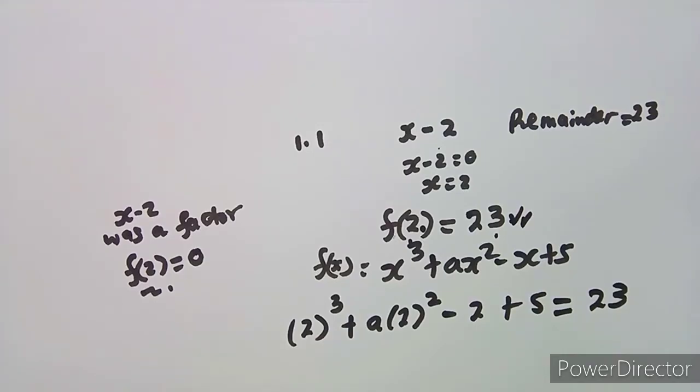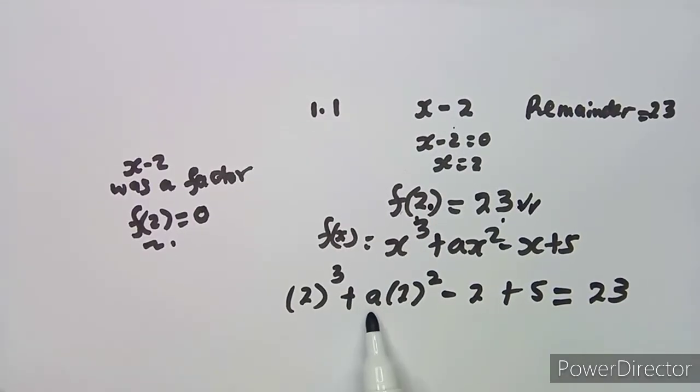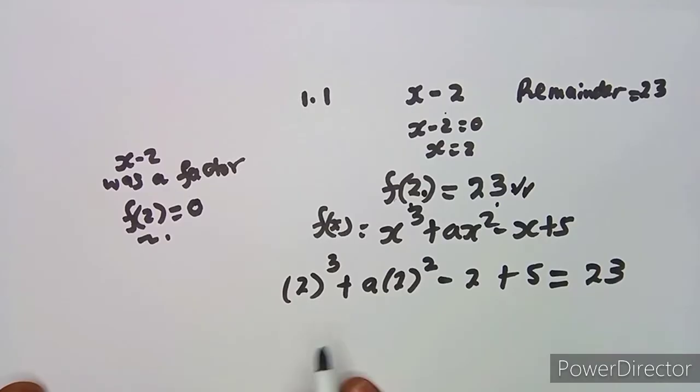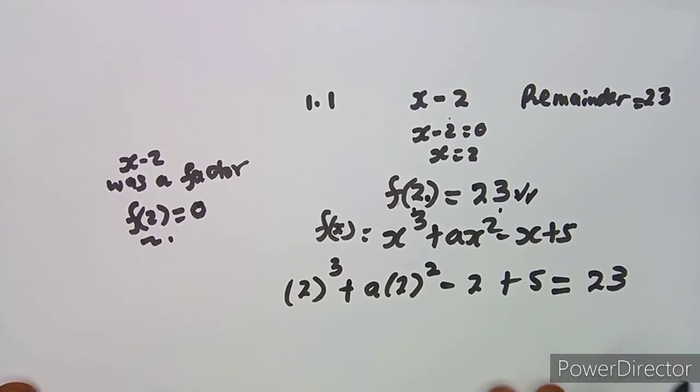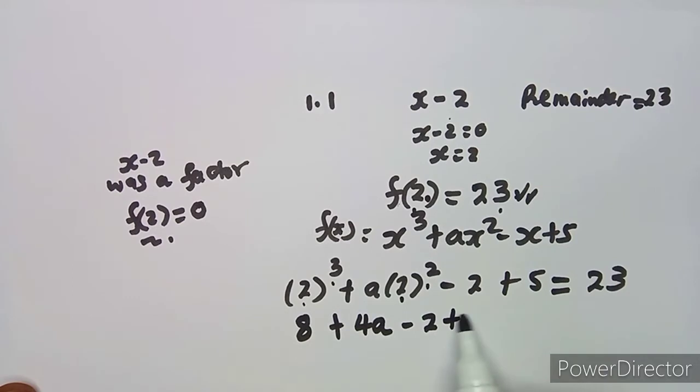What have you done? You have formulated an equation in terms of a, so you'll be able now to solve for a. Remember, the question needs us to find the value of a. So that's going to be 2 to the exponent of 3, which is 8, plus a times 2 to the exponent of 2, which is 4a, minus 2 plus 5 is equal to 23.